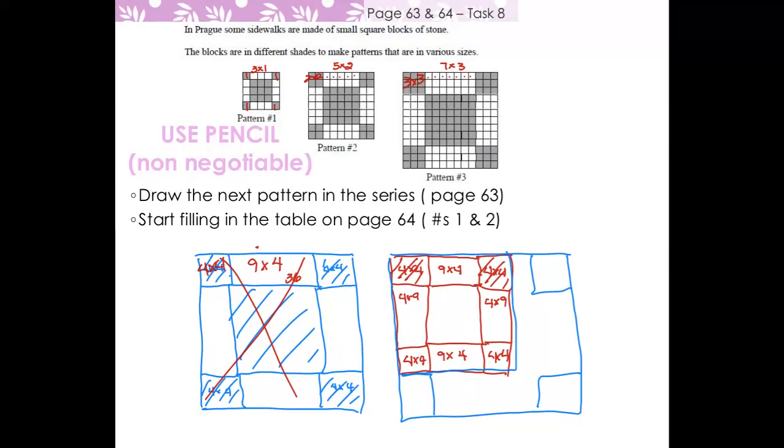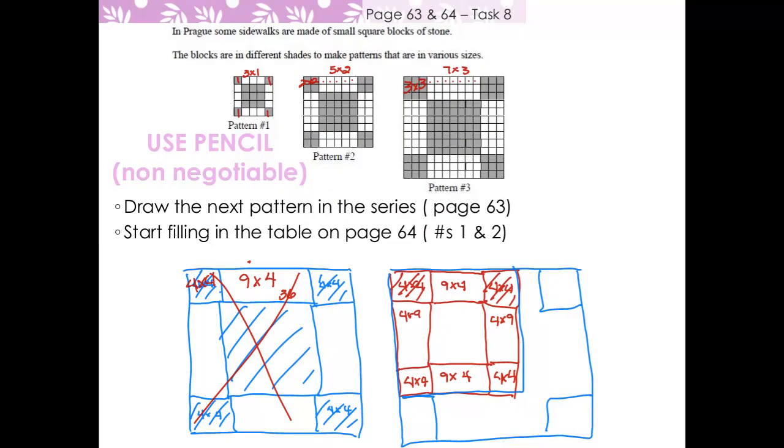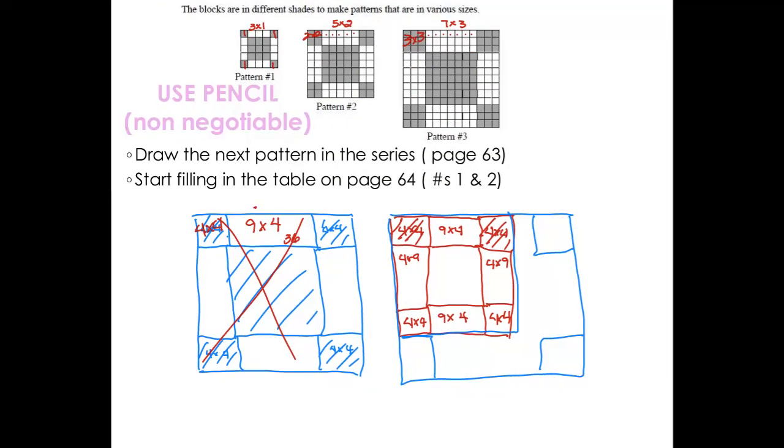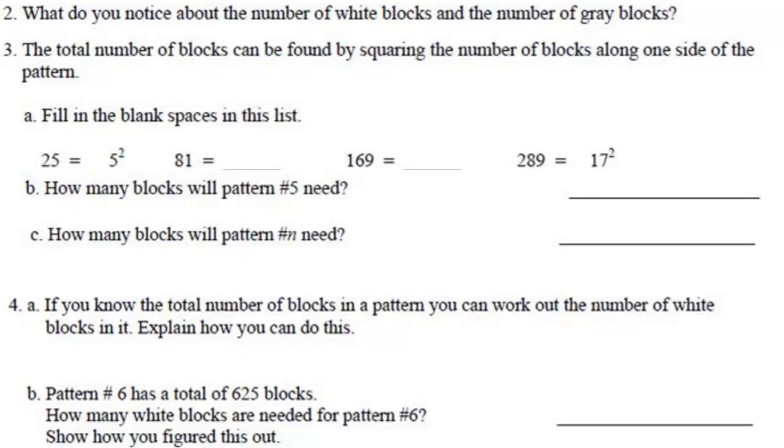Well, they were increasing. Yes, the number of white squares increased by 2, and then by the number of the pattern, right? So then you have this table at the top of your paper. It says pattern number, number of gray blocks, number of white blocks, and number of blocks total.